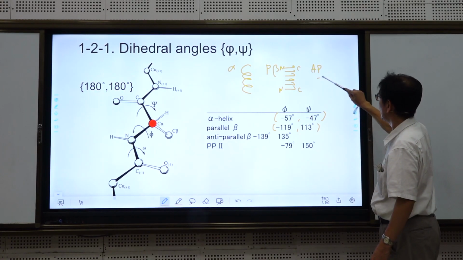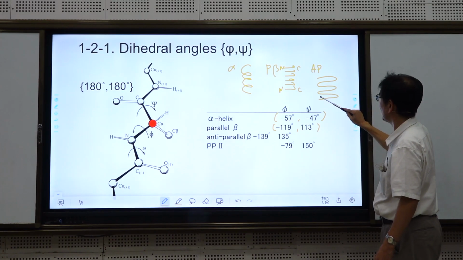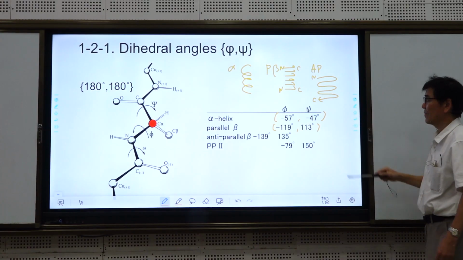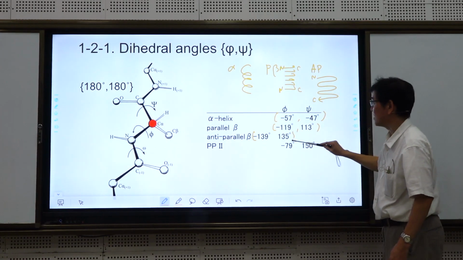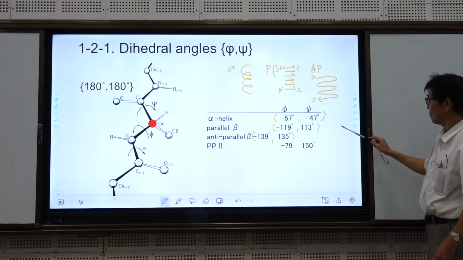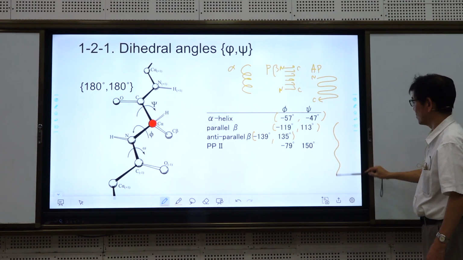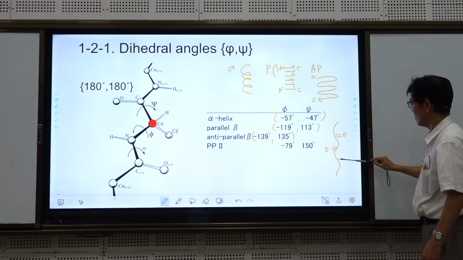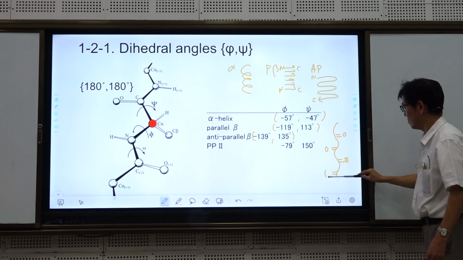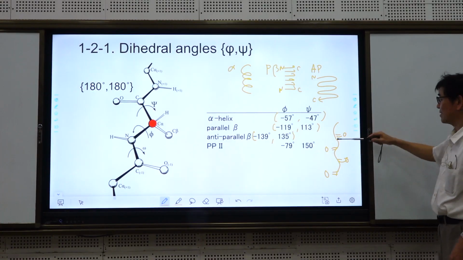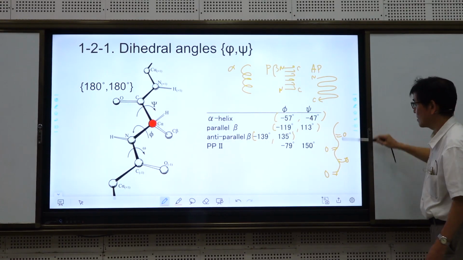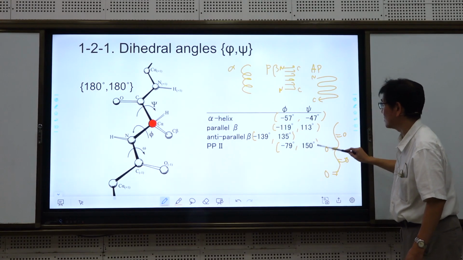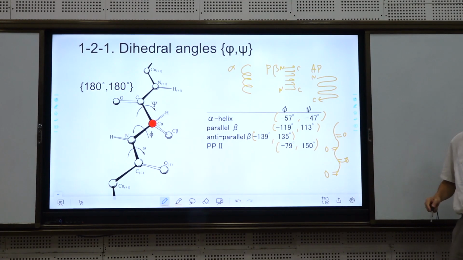Anti-parallel beta value is in this region. Polyproline 2: CO stretching directly perpendicular to the extension axis. The dihedral angle is something like this.